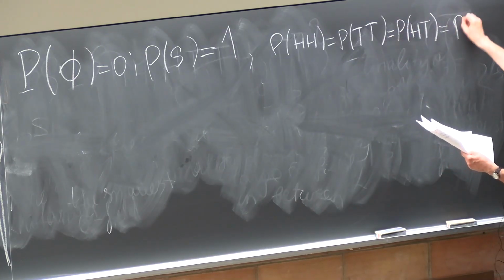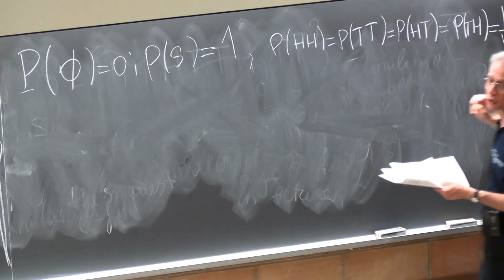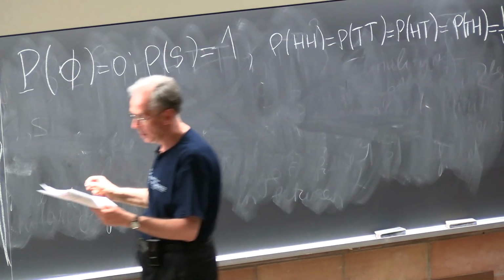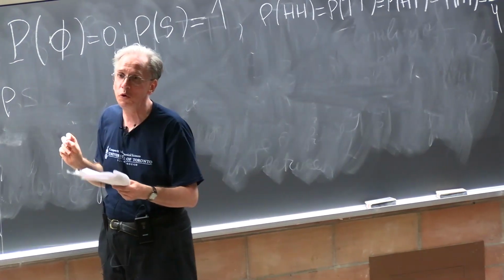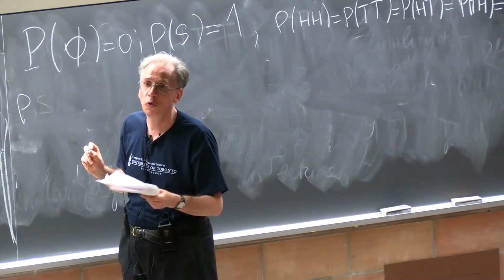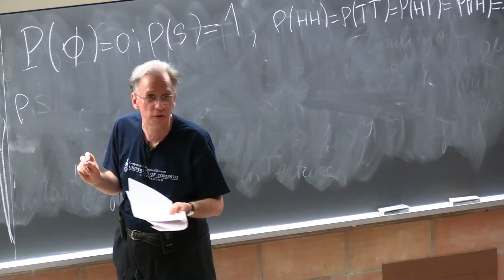It's the same as P of TH, and they're all 1/4, yeah? Then, for the unions of 2 elementary outcomes, we get 1/2, of course, yeah?